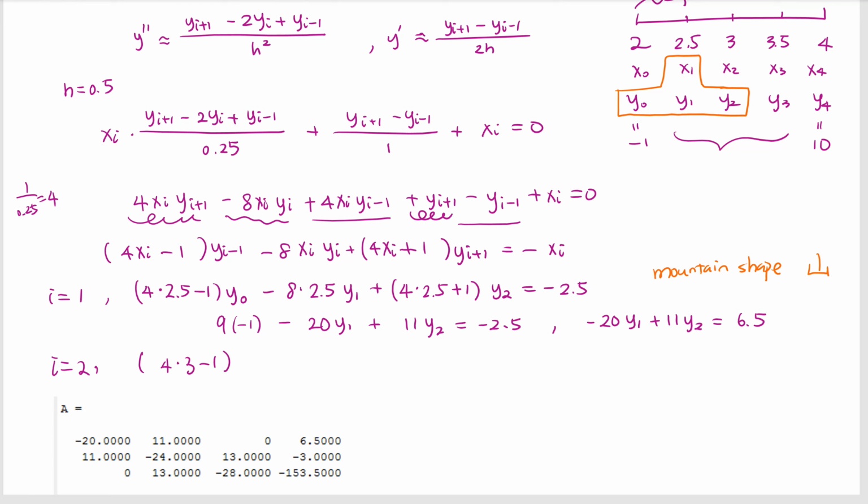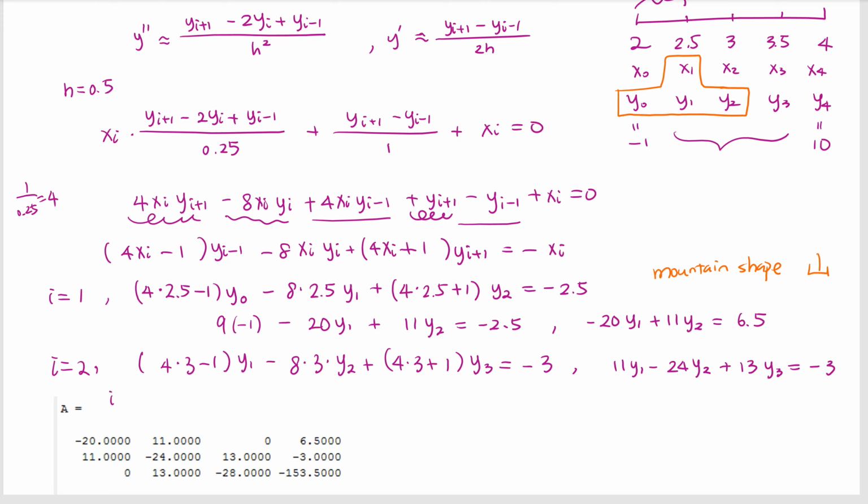Minus 1, then here we have y1 minus 8 times 3, y2 plus 4 times 3 plus 1, y3 equals minus x2, which is 3. Okay, so what do we get here? 12 minus 1 is 11y1 minus 24y2 plus 12 plus 1, 13y3 equals minus 3. See, it's already in a good format, so we don't need to change anything.